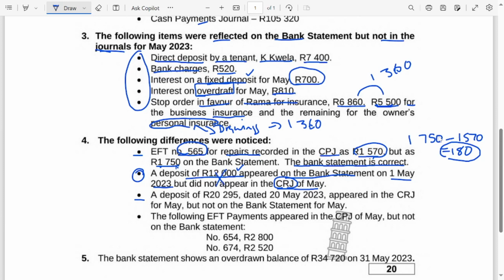Point number 3, a deposit of 20,295 dated 20 May 2023 appeared in the CRJ for May, but not in the bank statement. So we have a deposit that did not appear on the bank statement, which is 20,295.